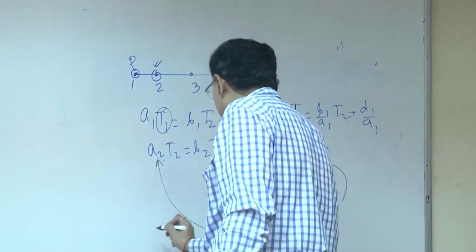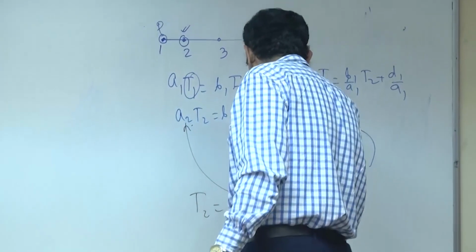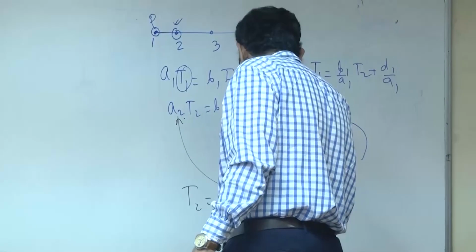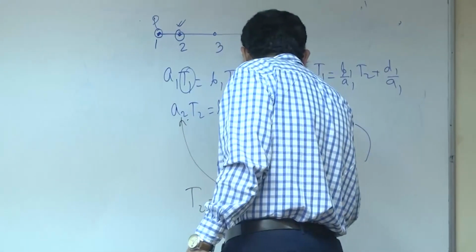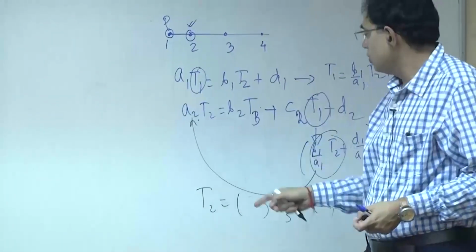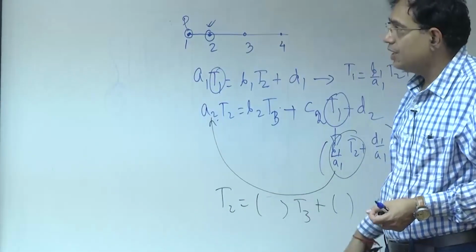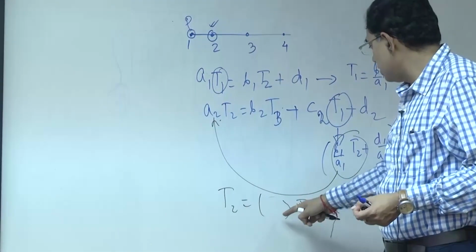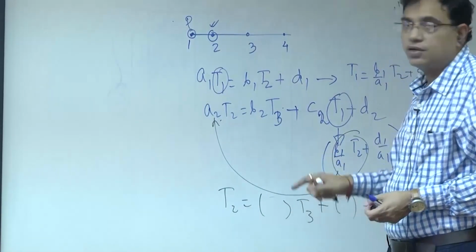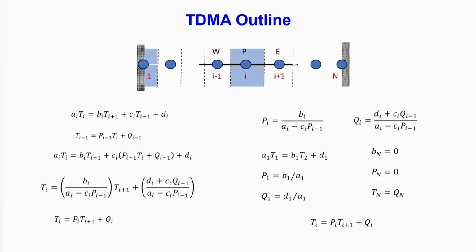So you can write it now as T2, and if you clean it up, T2 will be some constant into T3 plus another constant. So the boundary is helping to write in this form that T at one point is a coefficient into T at the next point plus a constant. So that is why we can write that in the form Ti minus 1 is equal to Pi minus 1 Ti plus Qi minus 1, okay.